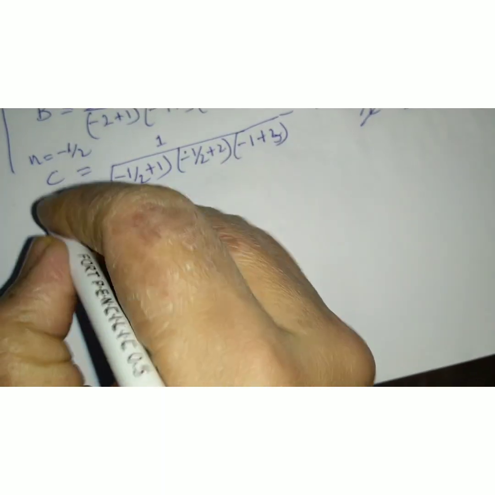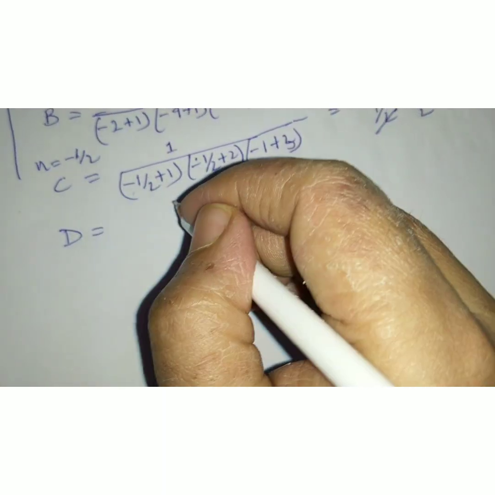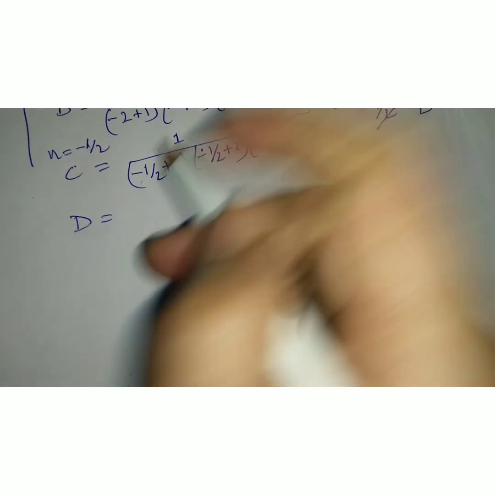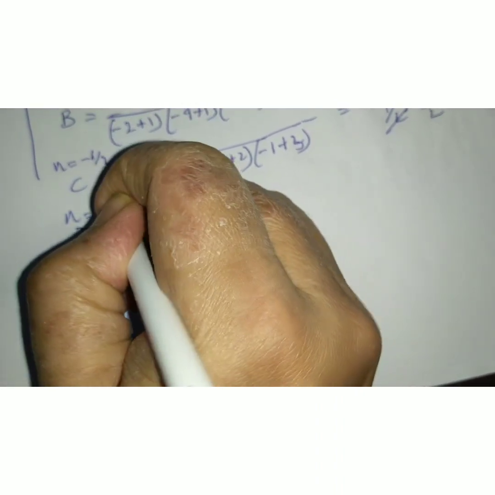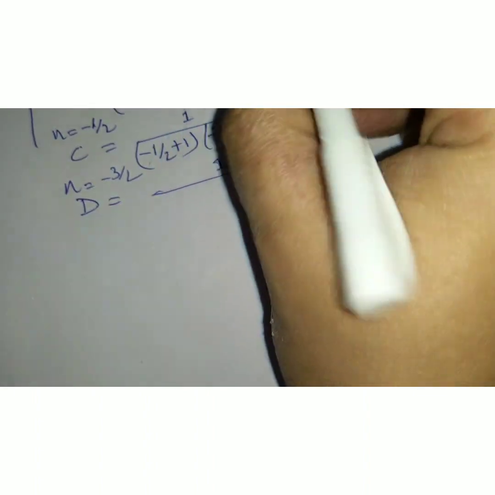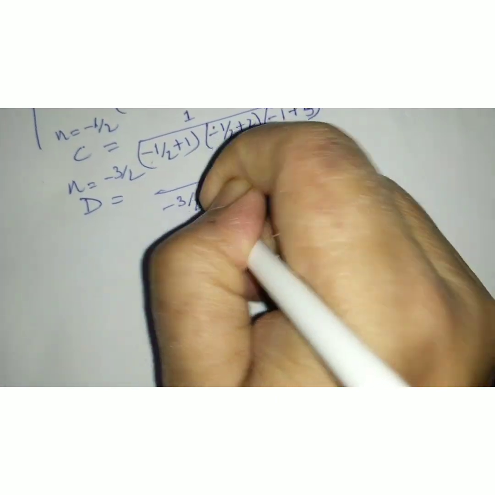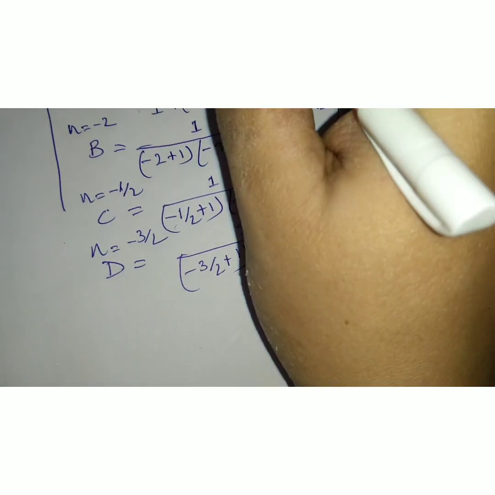And how can I find d? When I have to find d, then n equals minus 3 by 2. I put the value minus 3 by 2 in the other terms. So minus 3 by 2 plus 1, this multiplication.